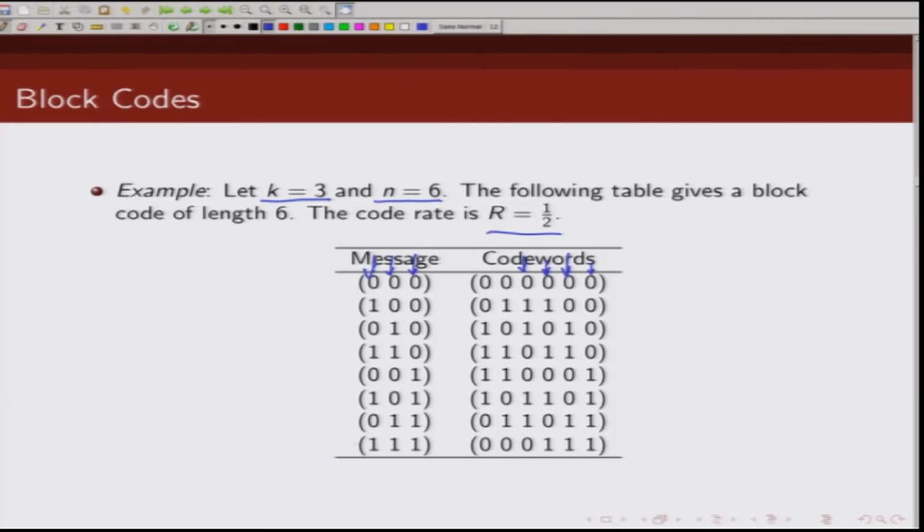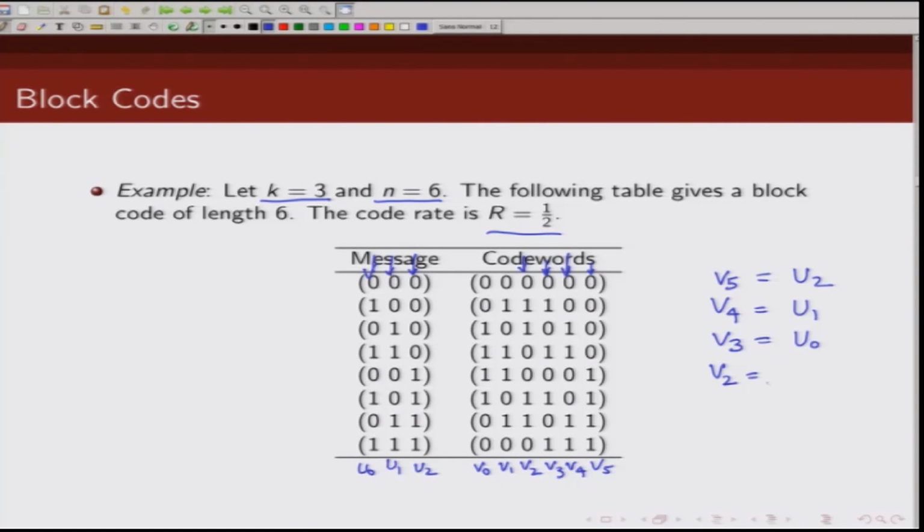So, if we denote this by U0, U1, U2, and we denote these by V0, V1, V2, V3, V4 and V5, what we have found out so far is V5 is the same as U2, V4 is the same as U1, V3 is the same as U0, and what is V2?